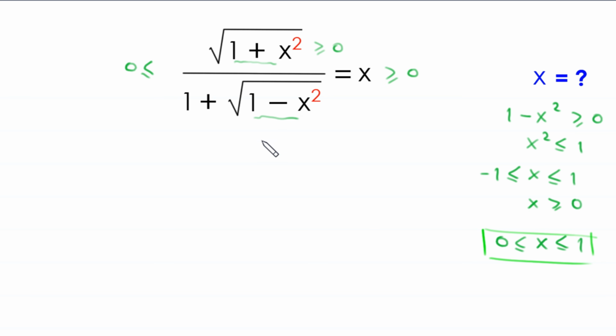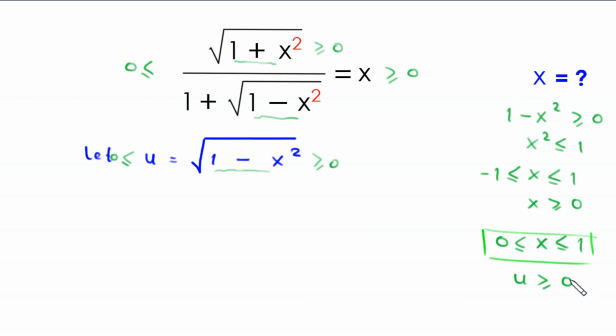Now to simplify the solution, we suppose that this expression equals u. Let u equal the square root of 1 minus x squared. Since 1 minus x squared must be greater than or equal to 0, u must be greater than or equal to 0.